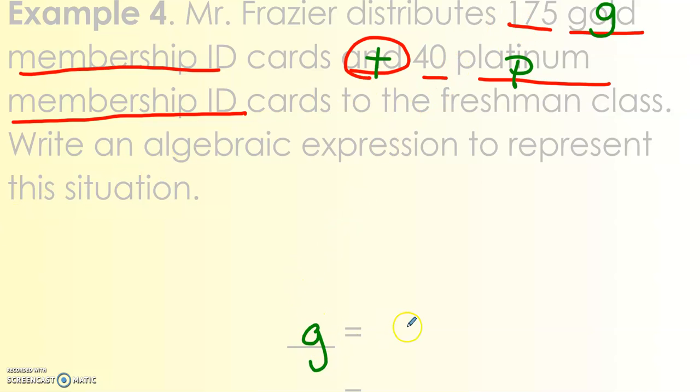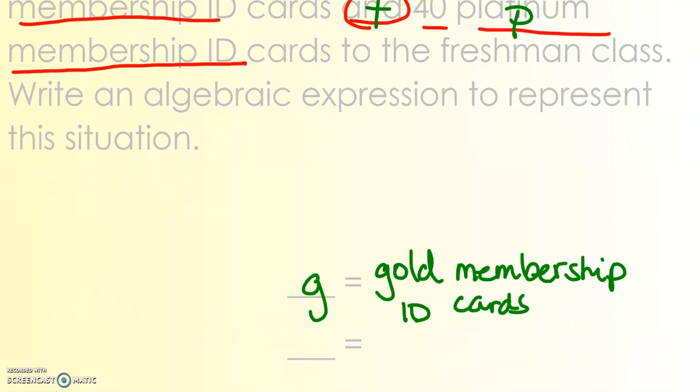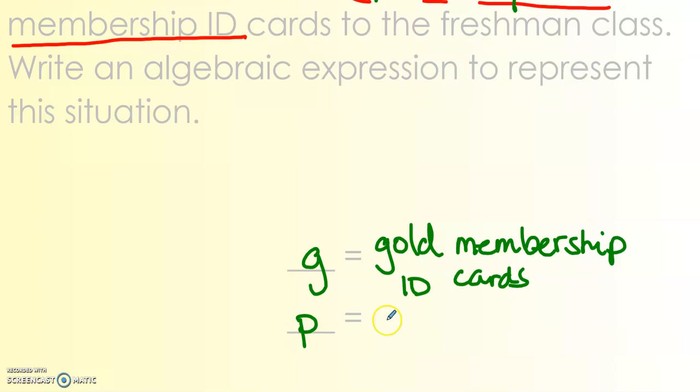So we have said that G equals gold membership ID cards. The reason we're doing this is because we might forget as we work through problems what these variables mean, and we just want to have a place to go back and reference. So we know G is gold membership and P was our platinum membership. I'm just going to write this out so we have it available.